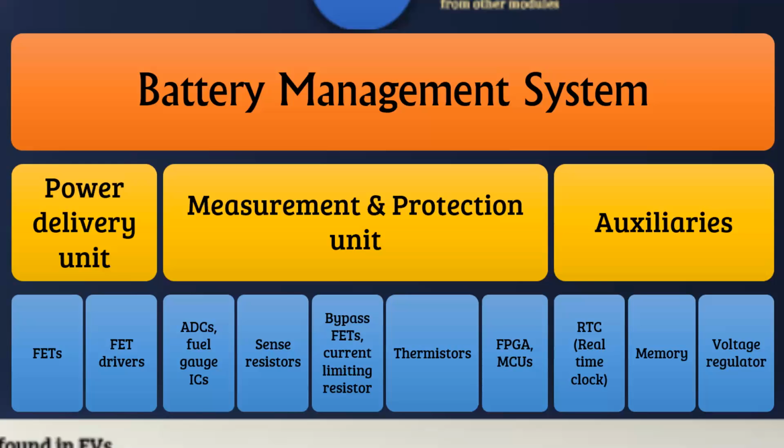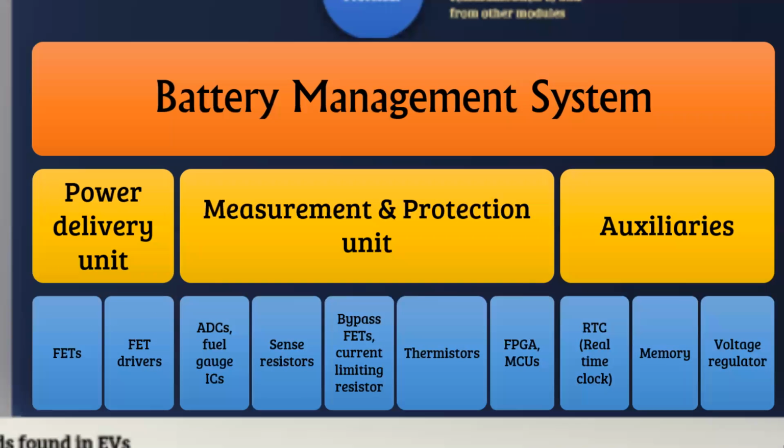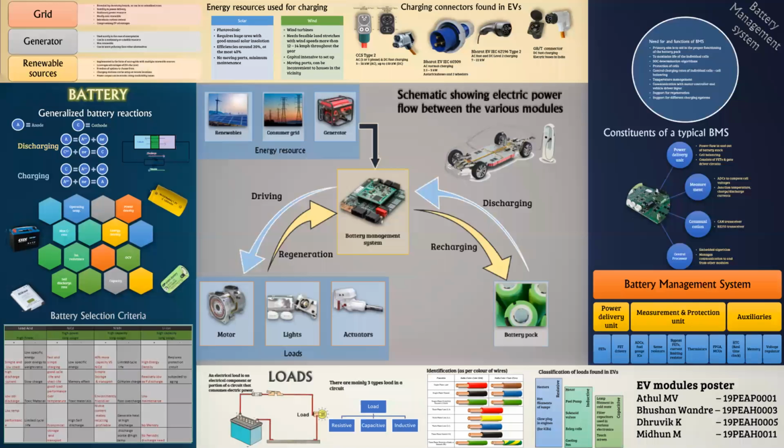Then we have a memory in which our algorithms are stored, and which also acts as a buffer to store different values. And we have a voltage regulator, which is used to keep a constant voltage across the battery management system so that it stays safe. So from all these, we saw the battery management system as well as our energy resources. In the further sections, different blocks will be explained by my colleague Yuvik.